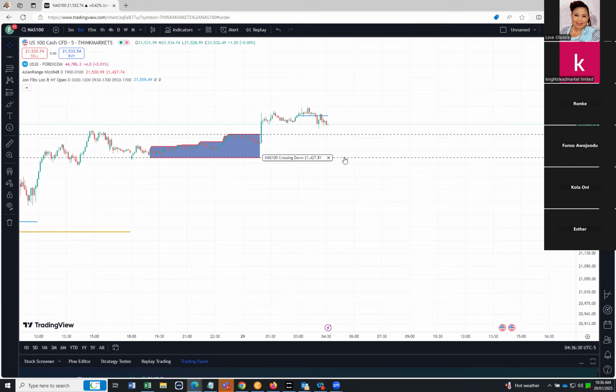So like I get most of the alerts on my phone. I'm just more comfortable with the desktop because of the big screen and all. I see it well. But once I set the alert, I get the alert on my phone.